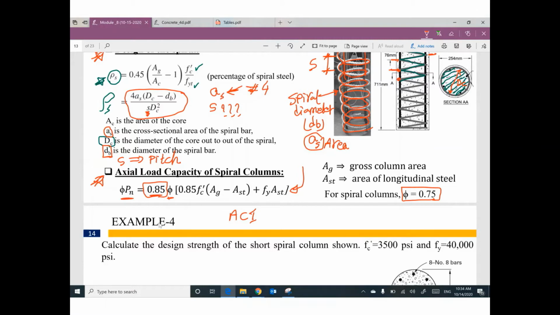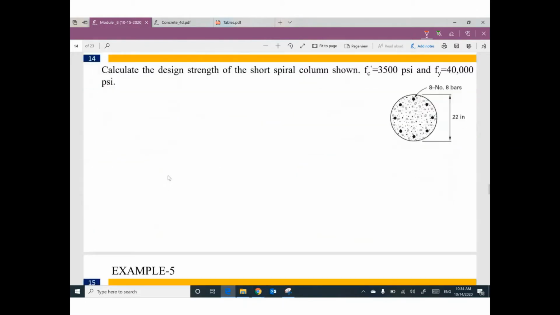Let's start with this one. First example, we need to design the strength of the short spiral column shown. What is the design strength?